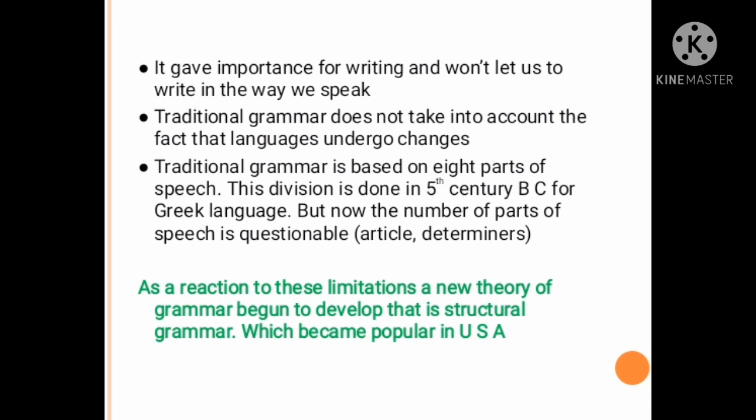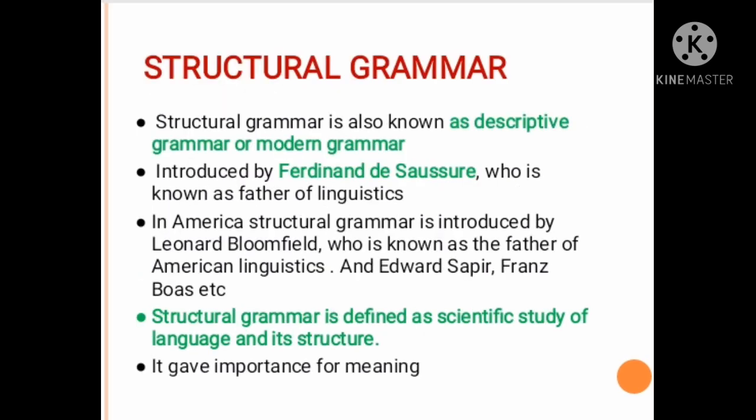As a reaction to these limitations, a new theory of grammar began to develop, and that is known as structural grammar. It is popular in the US. Structural grammar is just the opposite of traditional grammar. Structural grammar is defined as the scientific study of language and its structure.